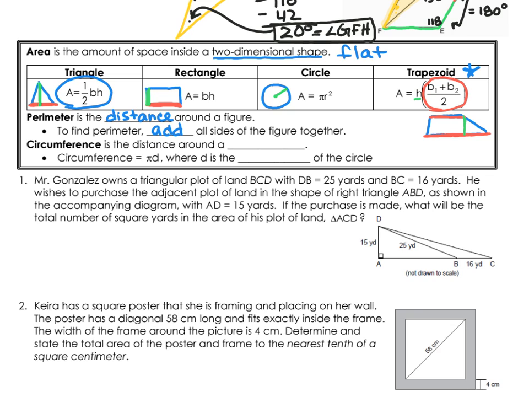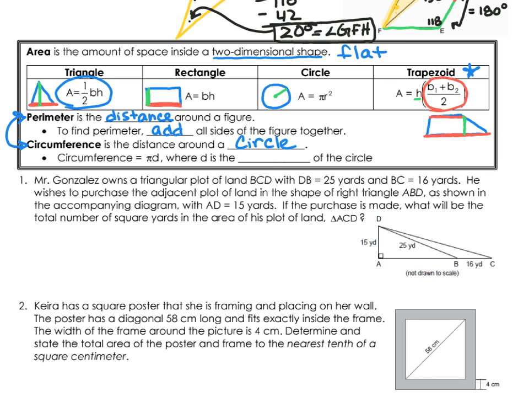Circumference is extremely similar to perimeter. Circumference is the distance around a different shape that doesn't have any sides, and so that's why they changed the name. Circumference is the distance around a circle, where perimeter is the distance around a figure that has actual sides. Circles don't have any sides. It has a little bit of a different formula since it doesn't have any sides to add together.